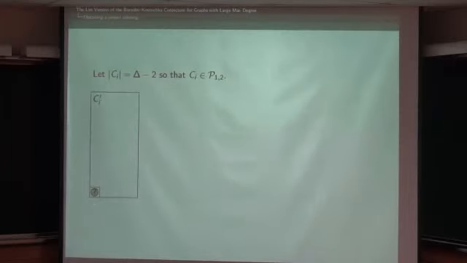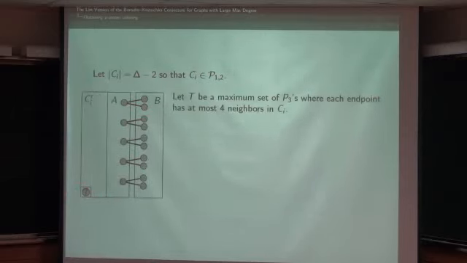So if you give me a clique, and of course I always have to remove this one annoying vertex, and you give me a P3, what I'll do is I'll just be greedy and grab a maximal or a maximum set of P3s. And I'll give this extra condition where each endpoint has at most 4 neighbors in this clique. And the reason I have this condition is so the calculation is nicer.